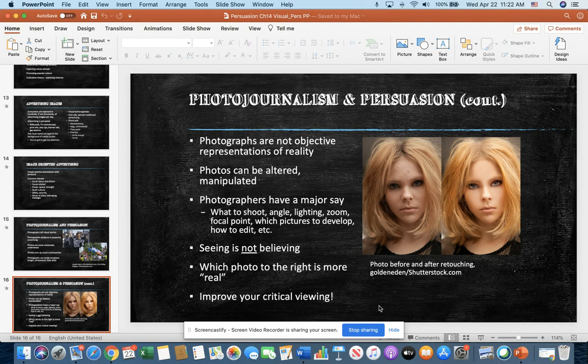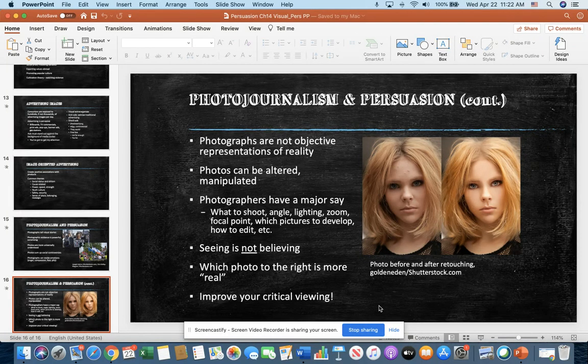Photographs are not objective representations of reality. They could be, I guess. A photo can be taken of a flower or your house, but there are so many items that can alter or manipulate the photo, and the photographer can decide so much of what a photo is going to present by what to shoot, the angle, the lighting, when to shoot during the day, how much zoom, how much focal point, which pictures to develop out of the multitude that they take, how they're going to edit it.